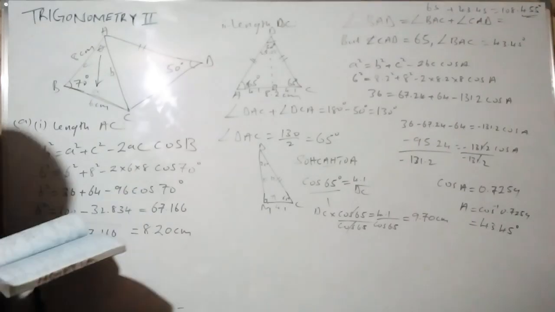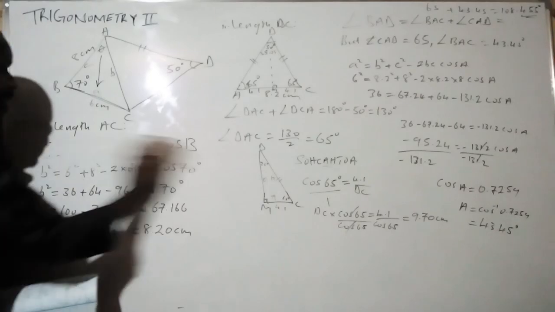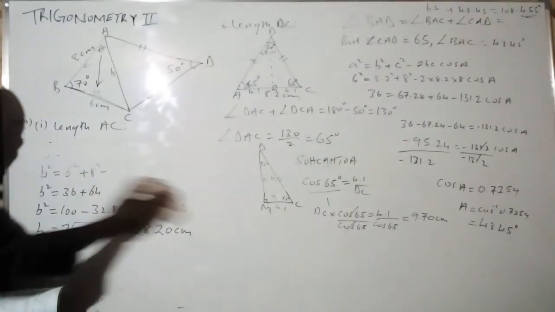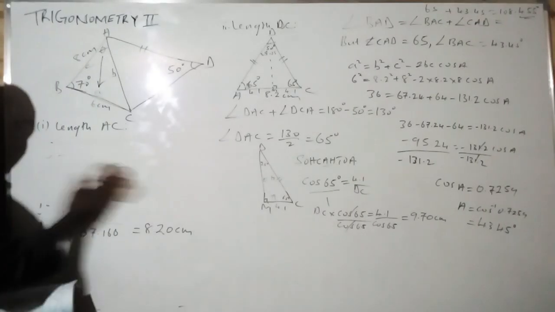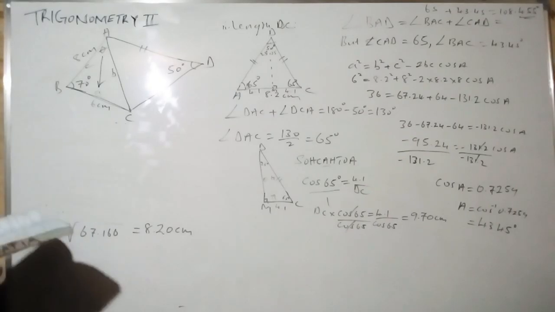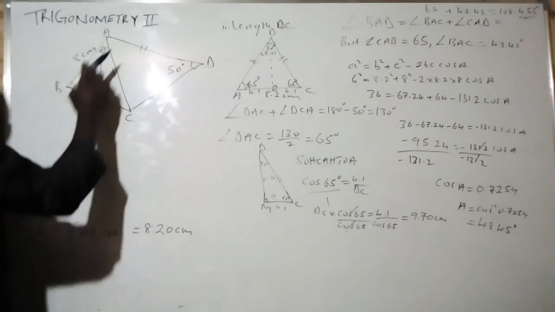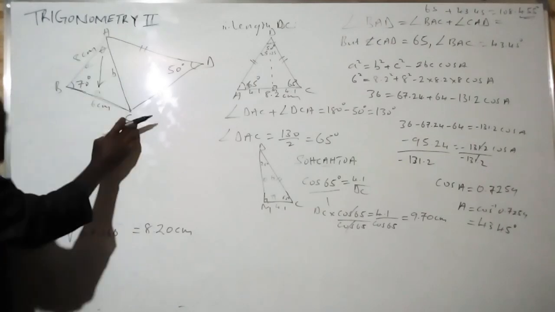We are going to compute that, and we have this portion here. To get the total area of this figure, you can first of all get that of ABC, and we add to that of ADC.